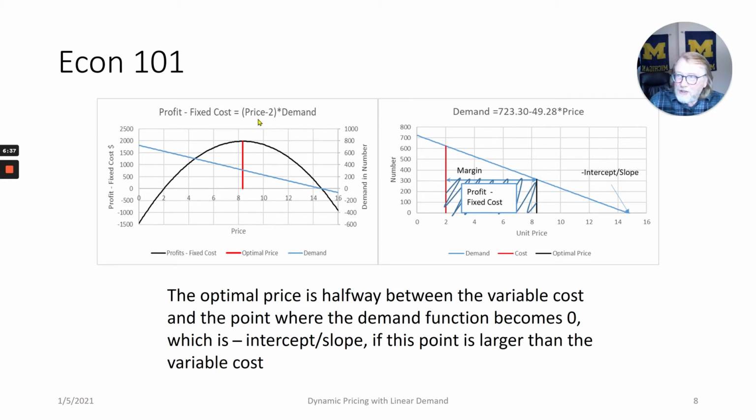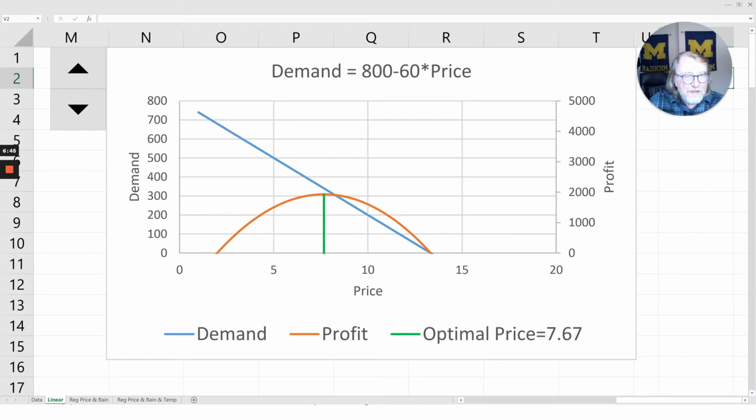You might want to ask too, what happens as the slope for price changes? And we can go ahead and see that here in this graph. So that's just the graph with the demand function, the profit function, and there's the optimal price.